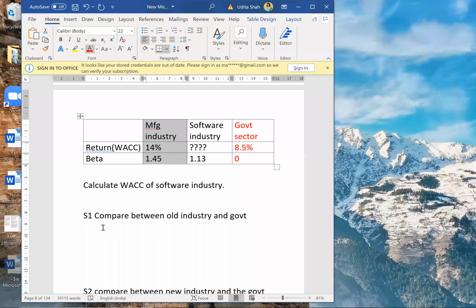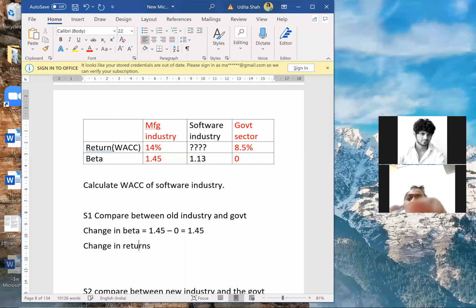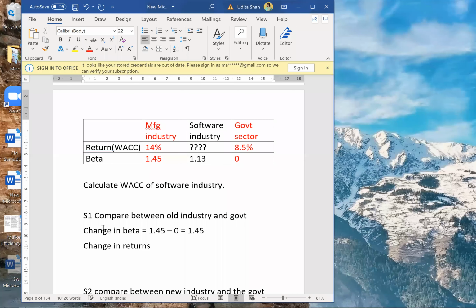Now tell me, what is the change in beta? 1.45 minus 0, that is 1.45. And what is the change in returns? 14% minus 8%, that is 6%.